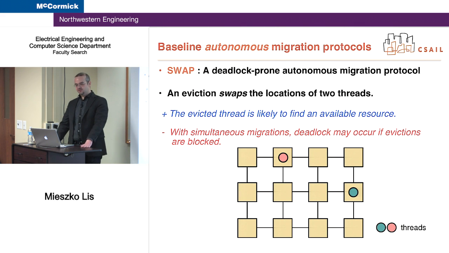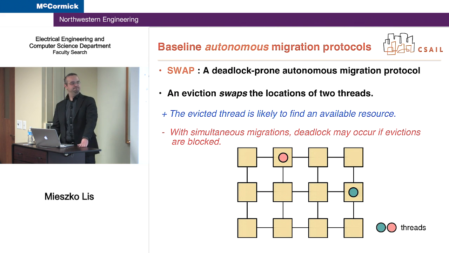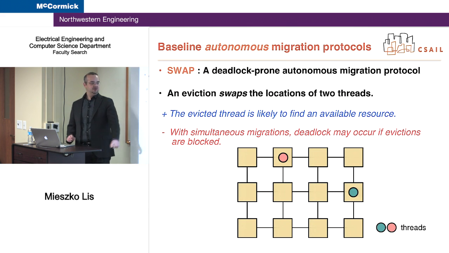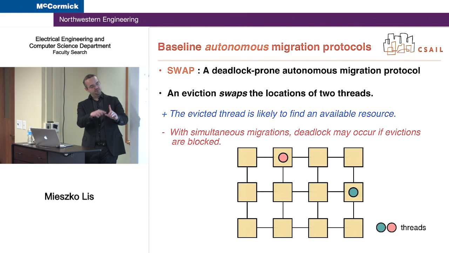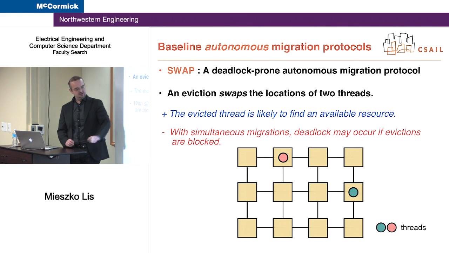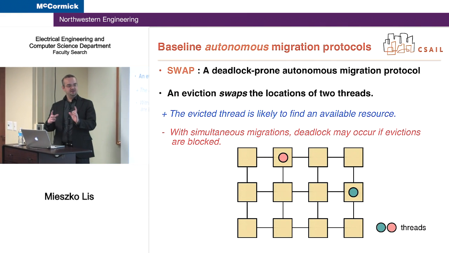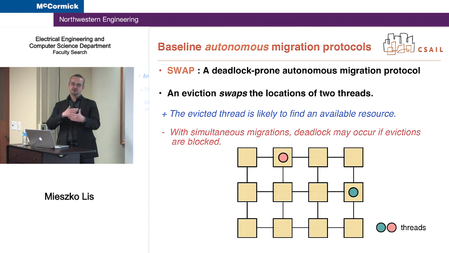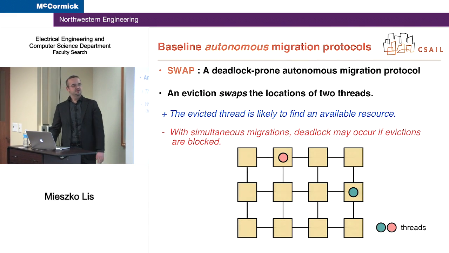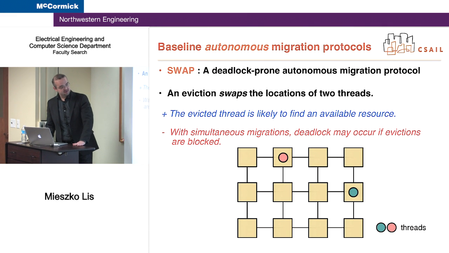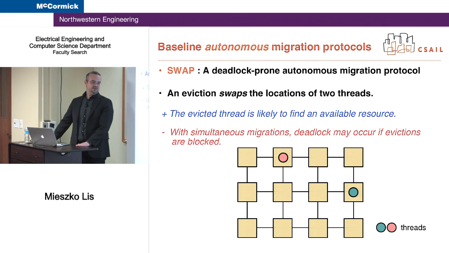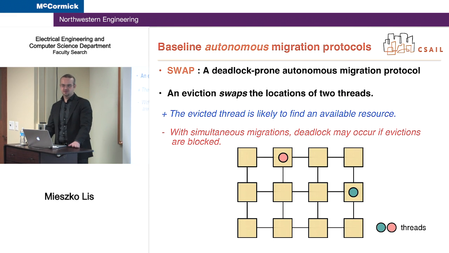The problem with this is that it can cause deadlock, because with network indirections you can have a loop, and the evictions can be blocked by forward migrations, and then the system locks up and never makes any progress. So in effect, to prevent deadlock, you need some sort of escape mechanism.